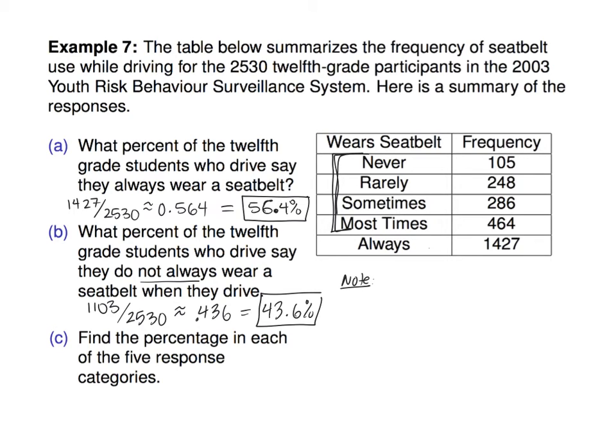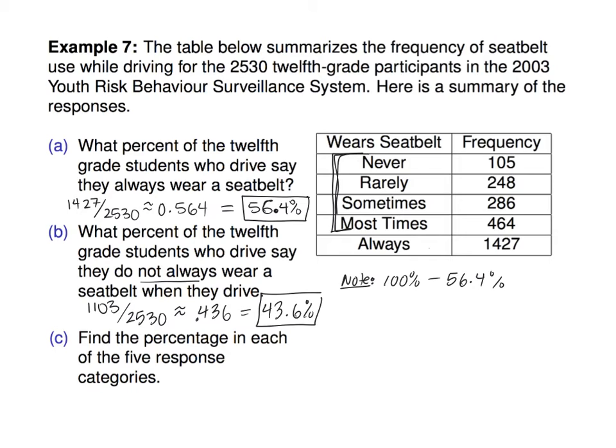Note, you could have also found that by doing 100% minus the answer from part A that was 56.4%, as you're either always wearing your seatbelt or not always wearing your seatbelt. You get the same answer both ways.